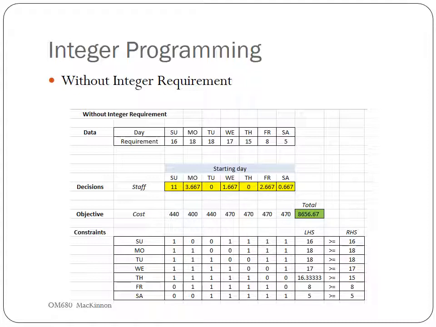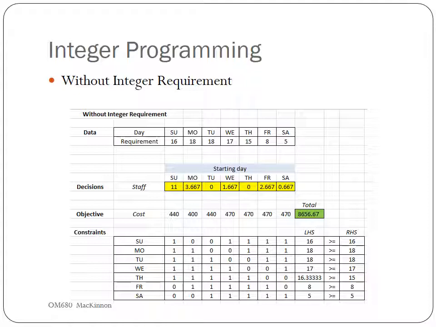It's not that difficult. And we lay it out so that our costs are down here, and we would multiply our costs times the number of staff to get our objective. But as you can see, we have fractional results in the staff fields. Okay, and we know that that's not going to work.